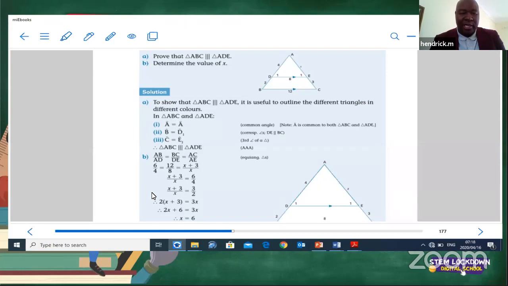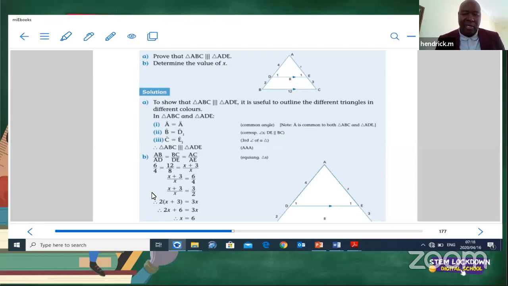It follows from this example that AB divided by AD will be equal to BC divided by DE, which in turn will be equal to AC over AE. You can only see this once you have separated your triangles. It's very important, please take note, you need to separate the triangles, just as we showed with the example of the beds in the beginning.